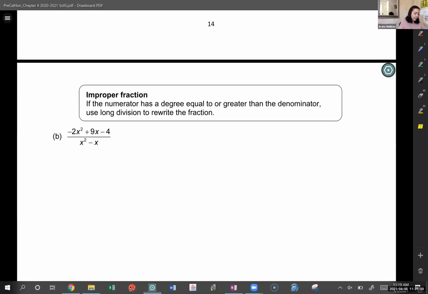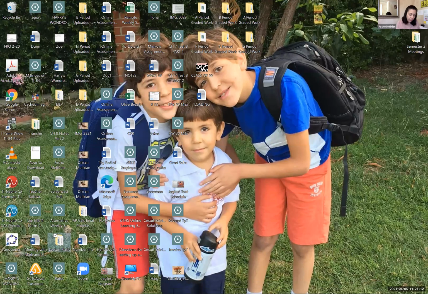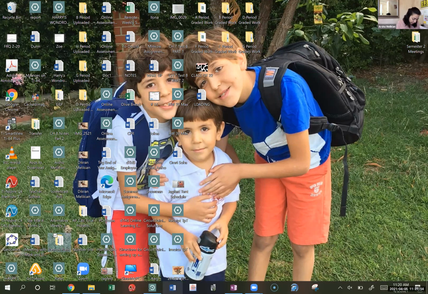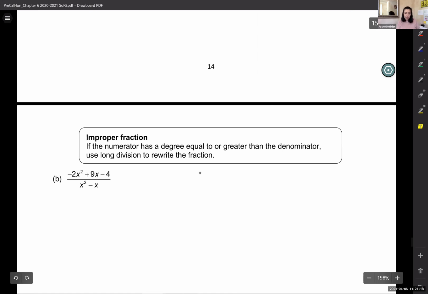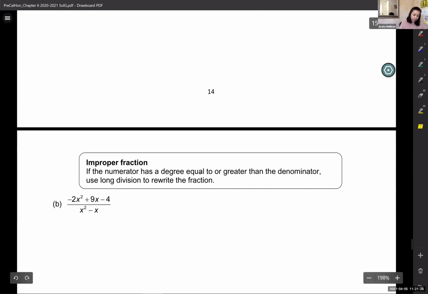The next one we're going to do is actually the same case, where you have denominators with linear factors. But now, what if you have an improper fraction? Let's remind ourselves what an improper fraction is. It's when the numerator is bigger than the denominator, right?